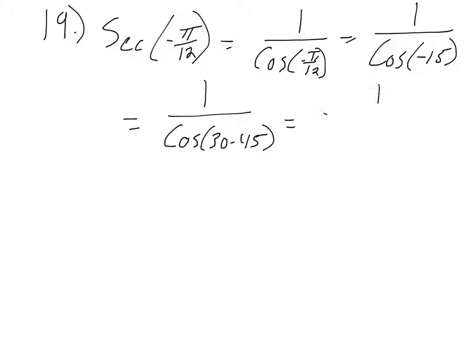And so that'll be 1 over cosine 30. Let's go ahead and put this down in the next line since we're losing it here, space-wise.